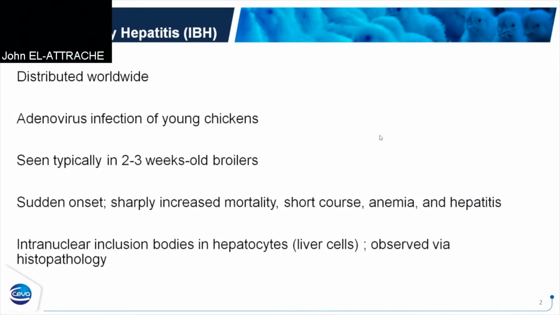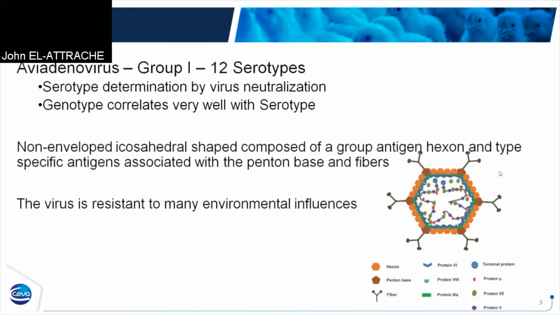The disease gets its name from specific intranuclear inclusion bodies noted in the liver cells, the hepatocytes, observed via histopathology. This has probably been one of the most indicative tests to say, okay, listen, we have inclusion body hepatitis issues with this flock or these birds.